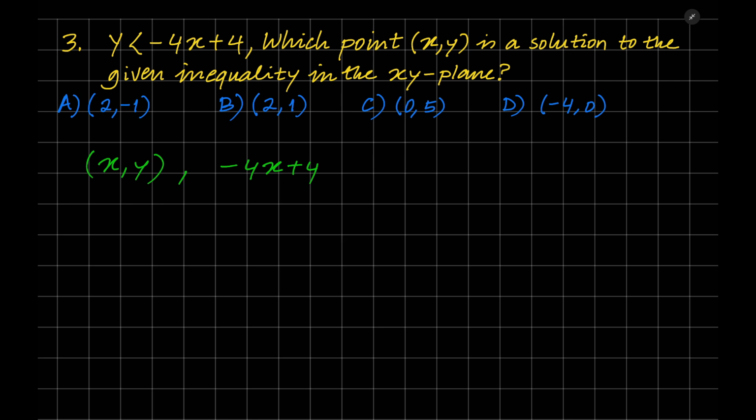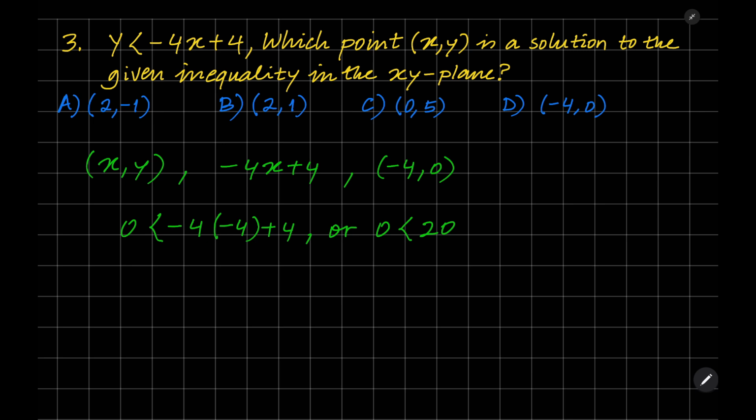This is true of the point (-4, 0), because 0 is less than -4 times -4 plus 4, or 0 is less than 20.